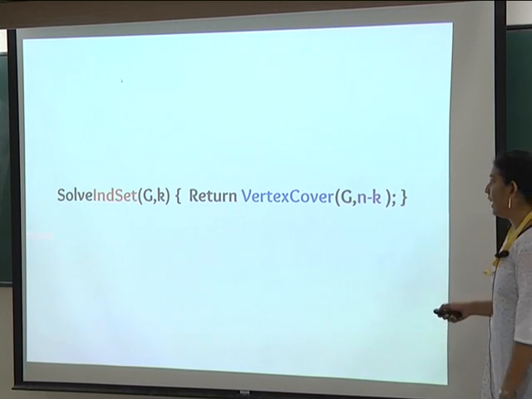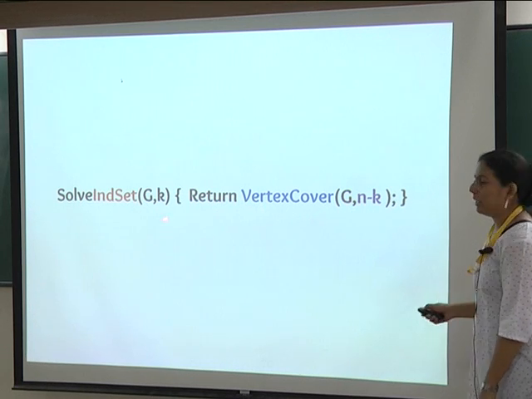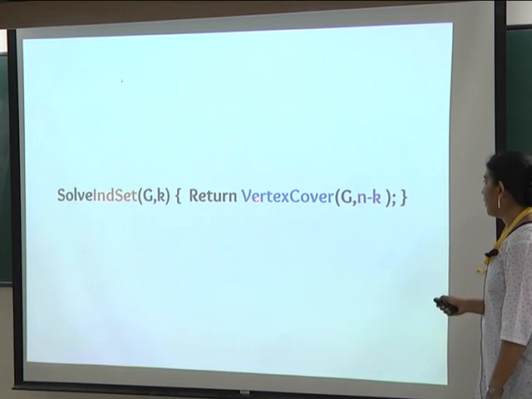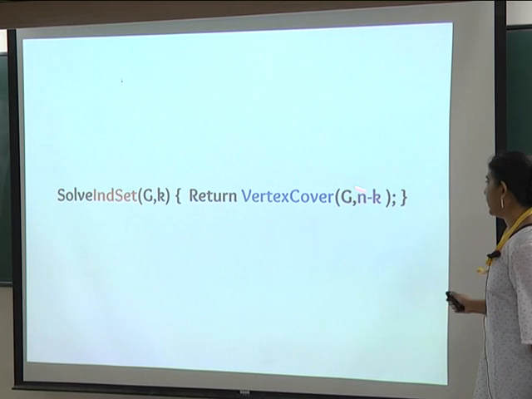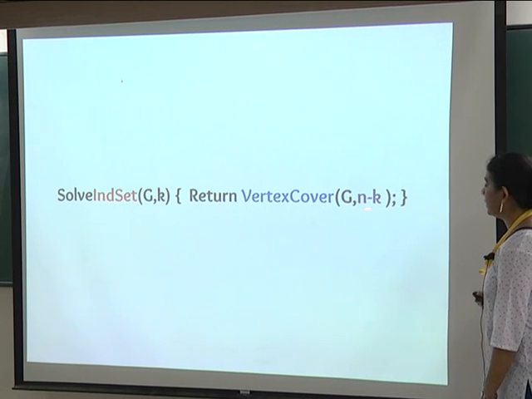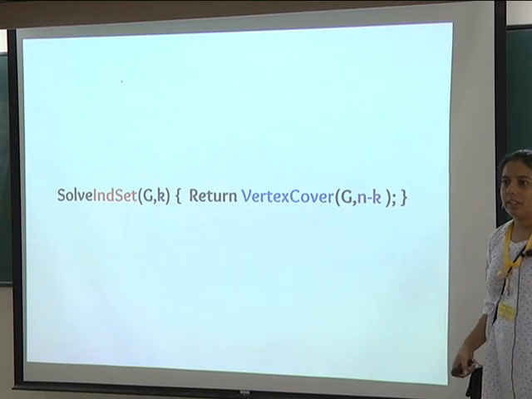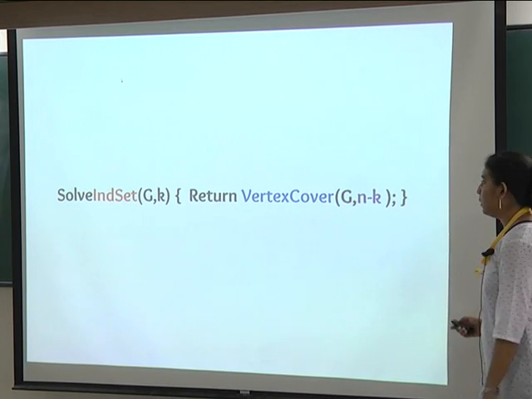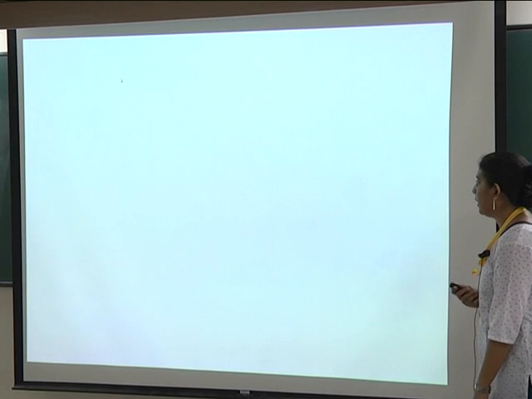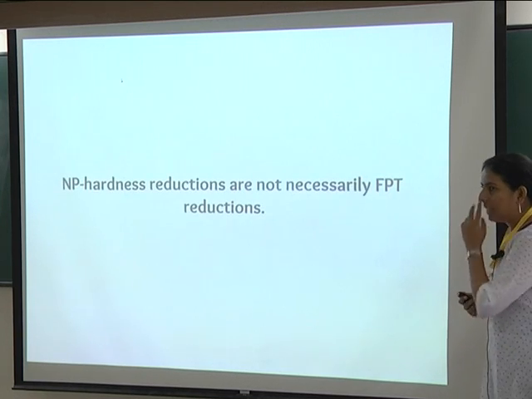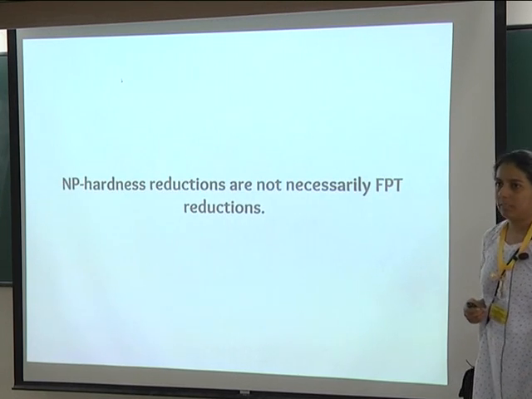Okay? So when you try to run a vertex cover algorithm to solve independent set, you have a 2 to the k algorithm for vertex cover, but when you try to run it for this instance, it becomes a 2 to the n minus k algorithm, which is no longer an FPT algorithm. Okay? In particular, this establishes that not all NP hardness reductions are automatically FPT reductions.